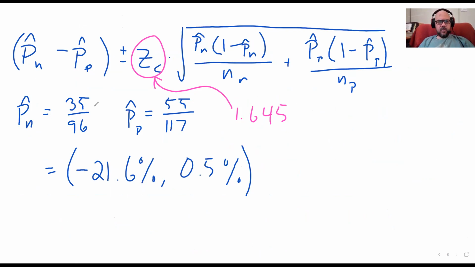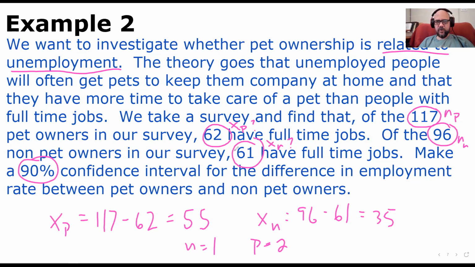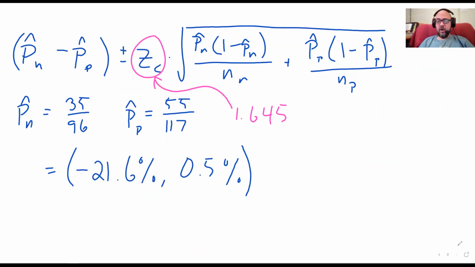The unemployed proportion of non-pet, oh right, I'm getting it backwards. I'm sorry. These are the pet owners. So our pet owners have a higher proportion of unemployment than our non-pet owners, right? So our non-pet owners are more likely to be employed is the idea, right?